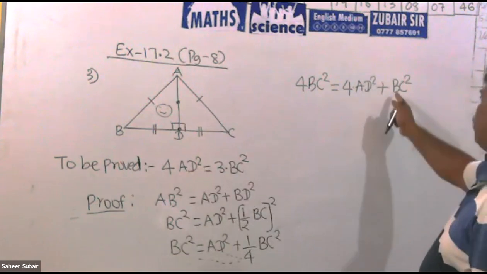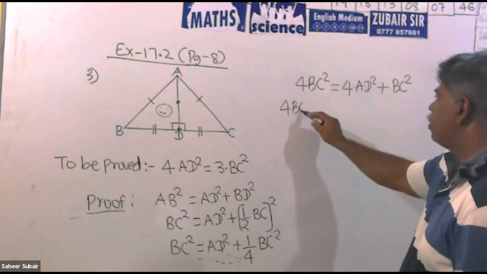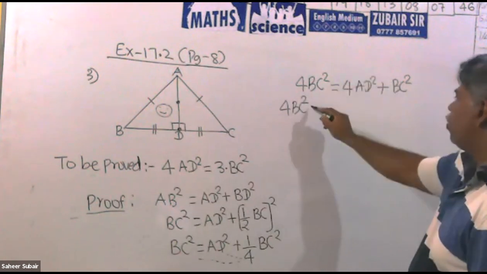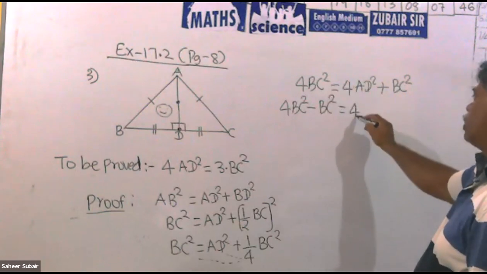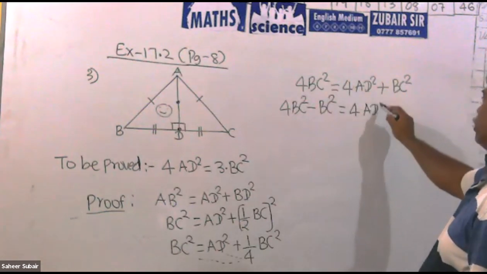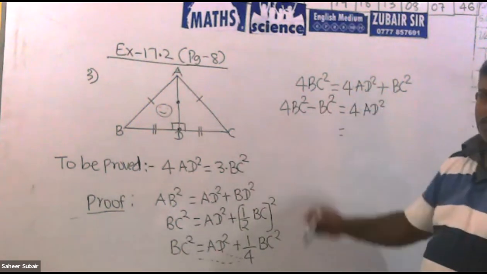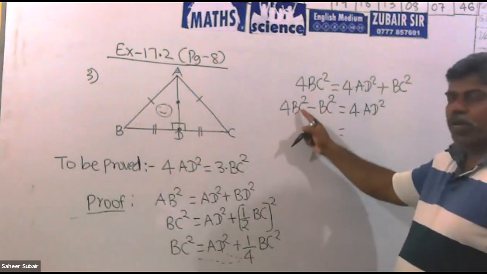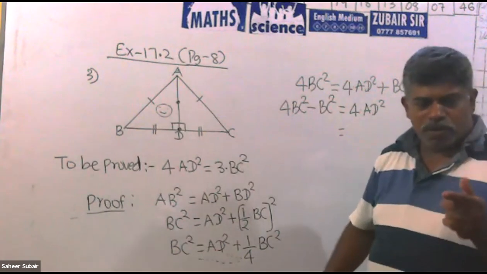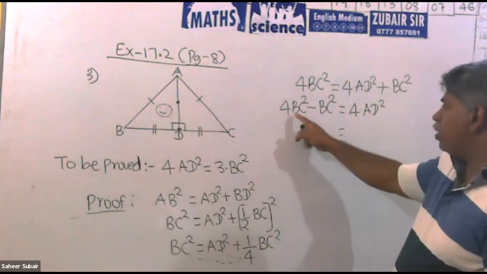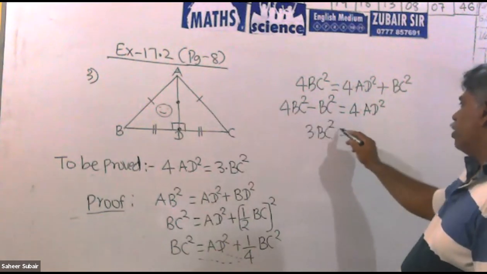Then they are asking for the relation this way, no? So because of that, we will take the BC squared to the other side. Then here 4BC squared, minus 1BC squared equals 4AD squared. Then this is 4BC squared minus 1BC squared, like 4 mangoes minus 1 mango, that is 3. So 4BC squared minus 1BC squared means 3BC squared.